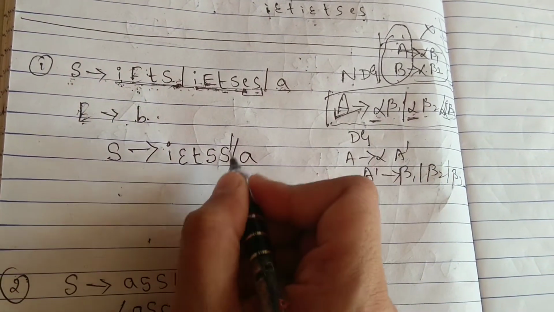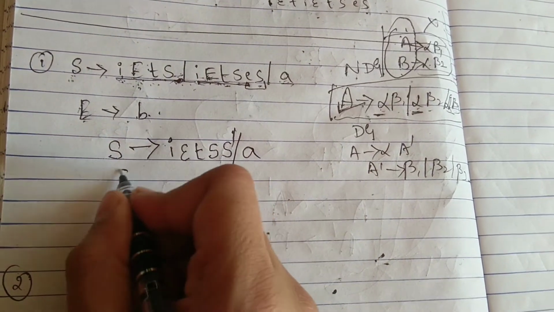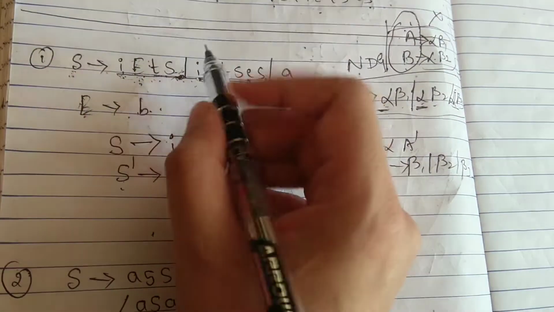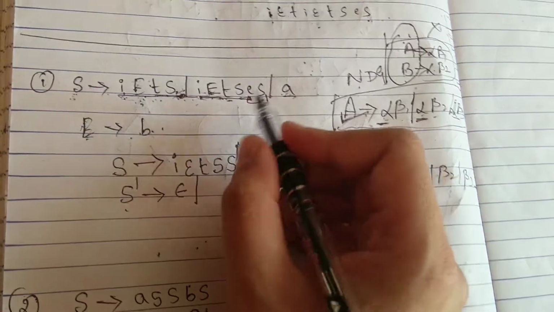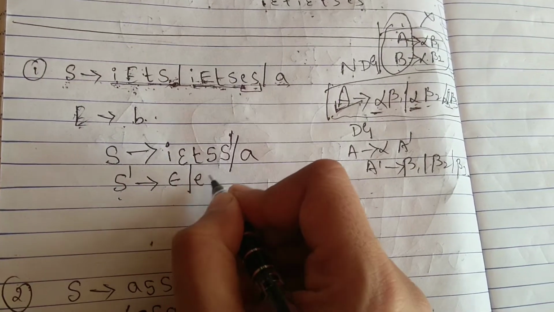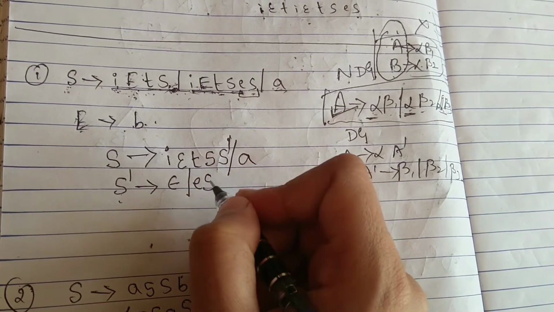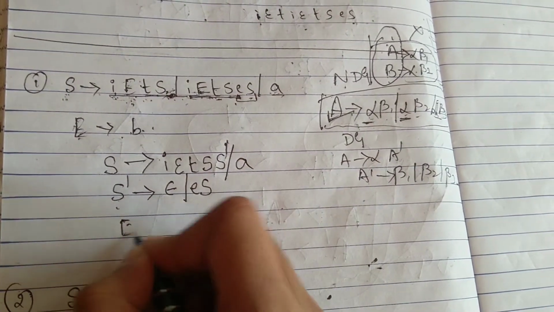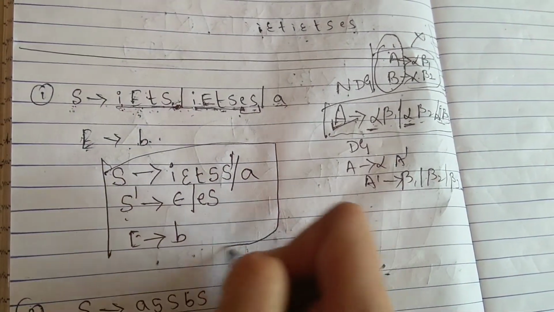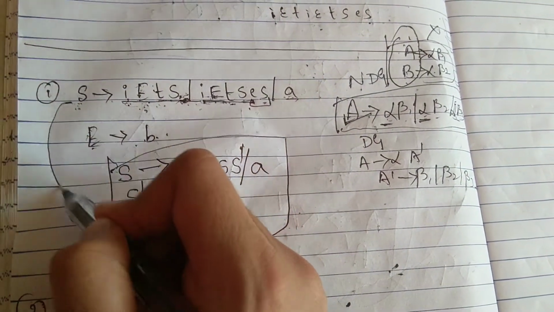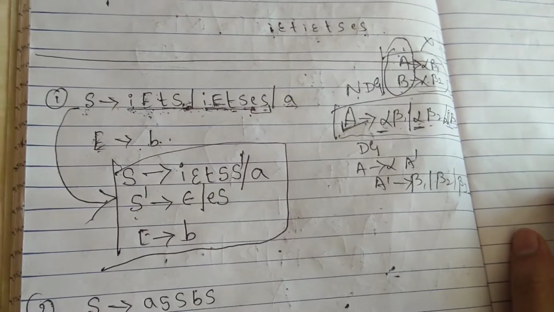So S dash can be written as epsilon, or else S. And then the expression will be b. This is how we converted non-deterministic to deterministic grammar.